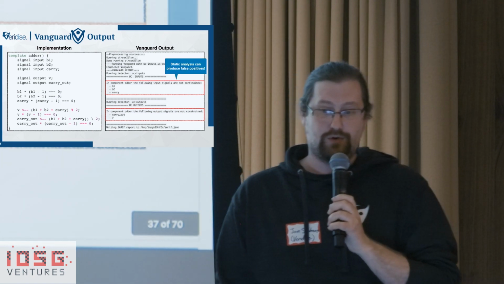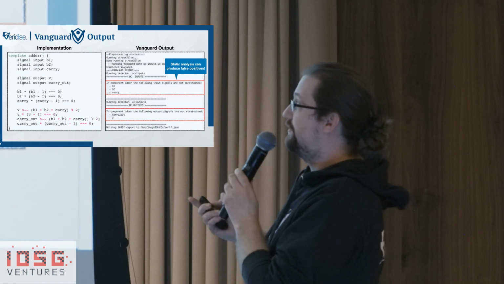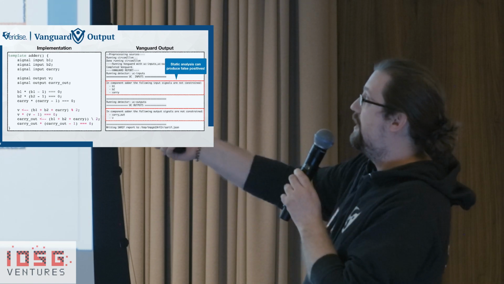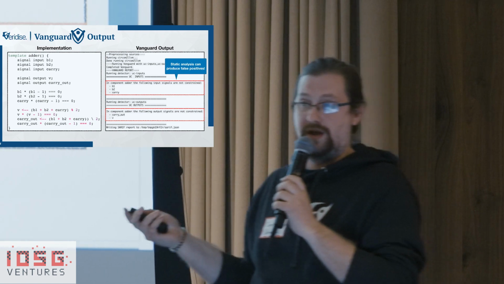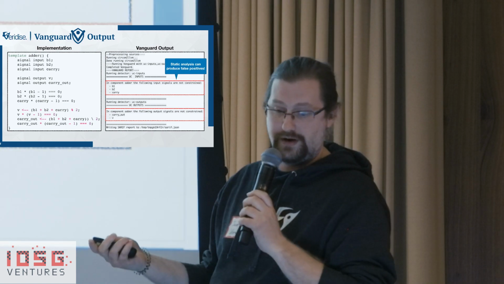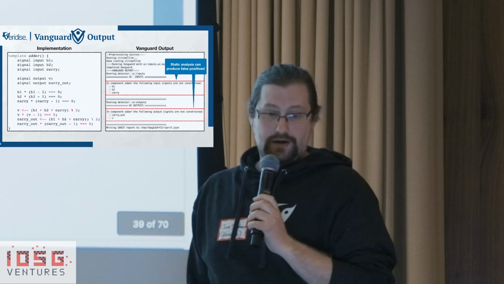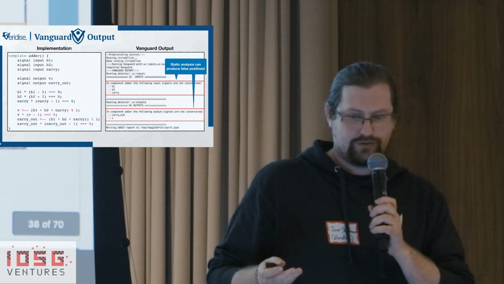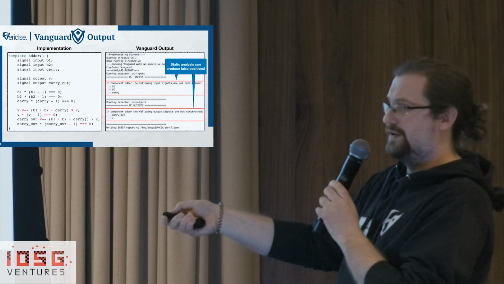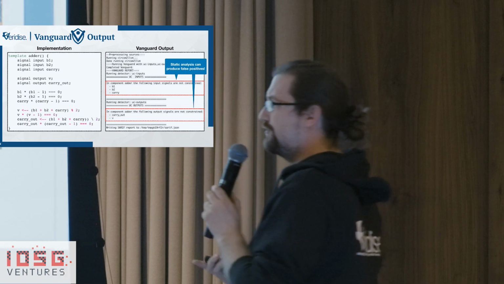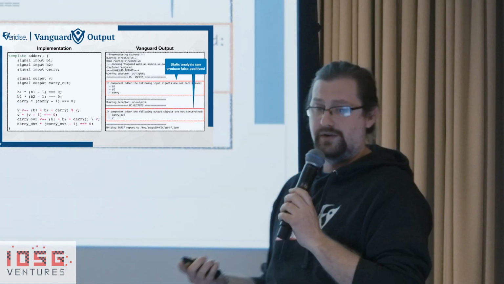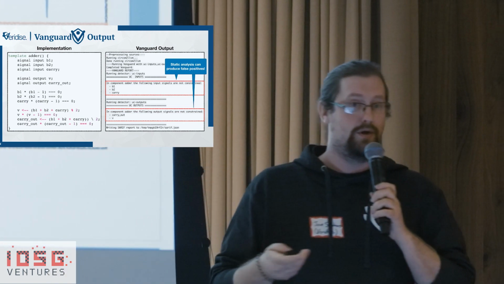And so the important thing to note is that static analyzers can produce some false positives. So here, in this case, it's okay that those inputs are not properly constrained. However, we're not quite sure if this second case is actually true. Do we actually care that those output signals are not constrained? And so that's what we want to know.